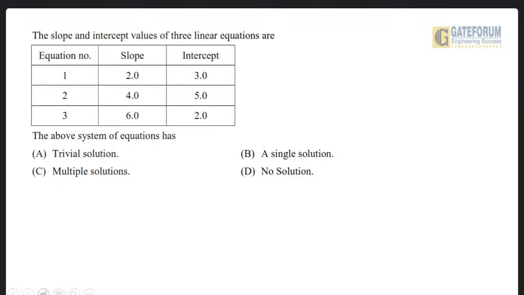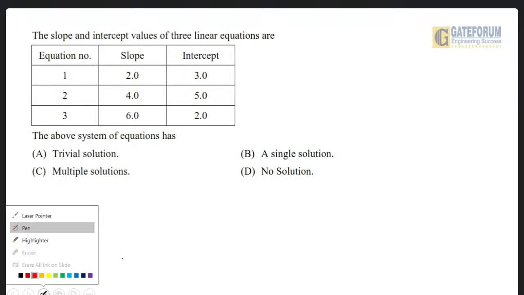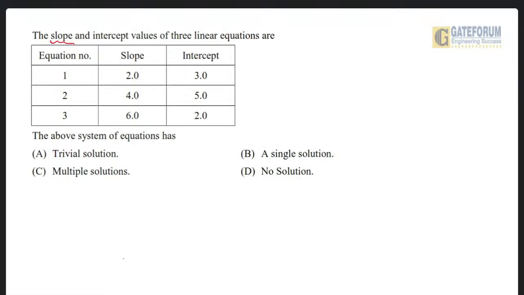And the solution is, so first of all, slope given, intercept. Intercept means y-intercept actually. Now, this is the system of equations. These three, equation 1, equation 2, equation 3, are straight line equations in two variables x and y.